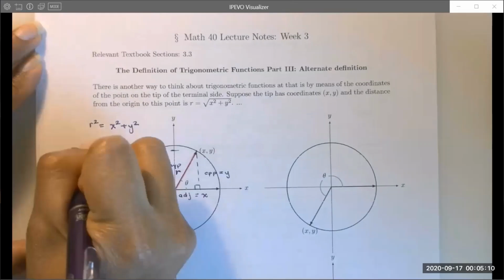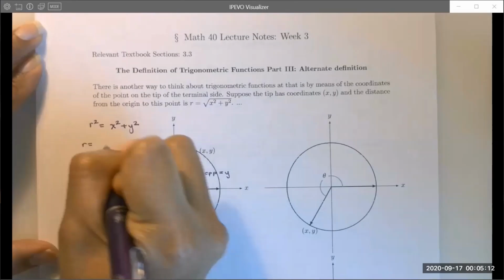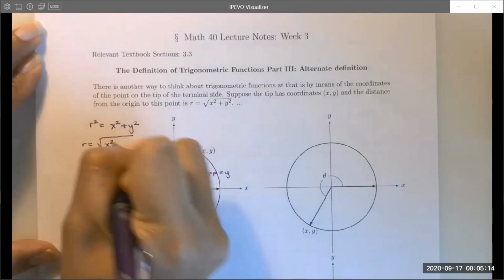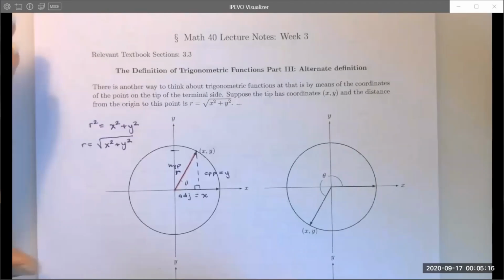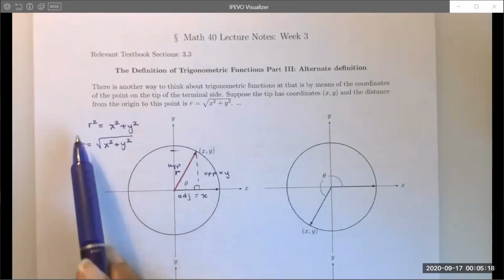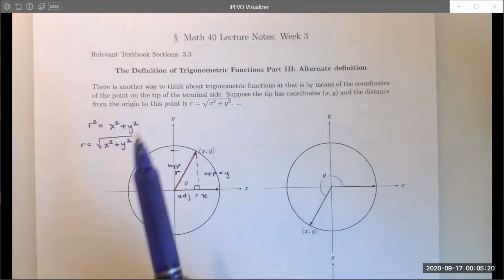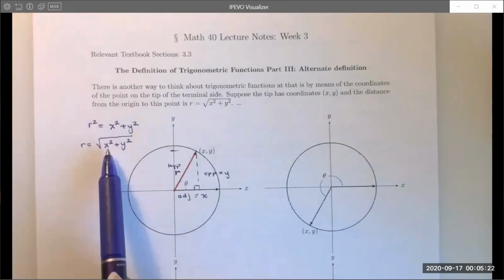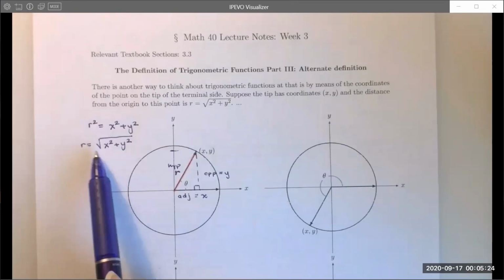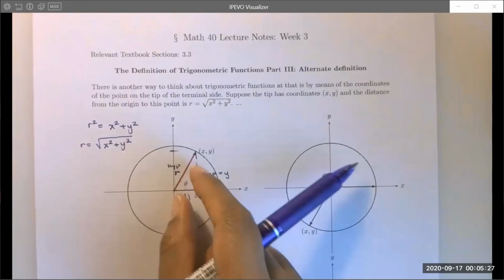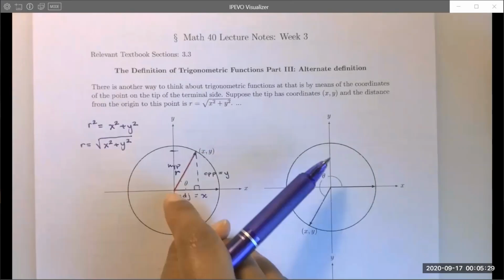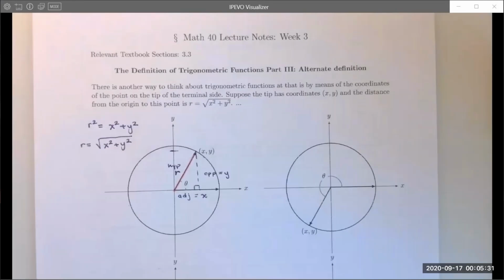That means that r would be the square root of x squared plus y squared. Now we only consider the positive root, even though we essentially took the square root of both sides, because we consider the hypotenuse to be a distance from the origin.